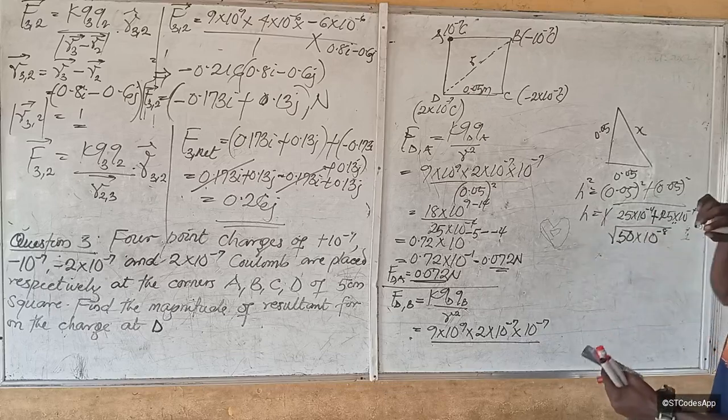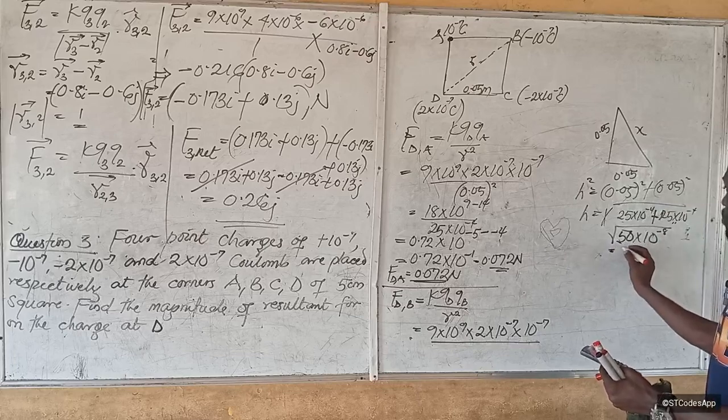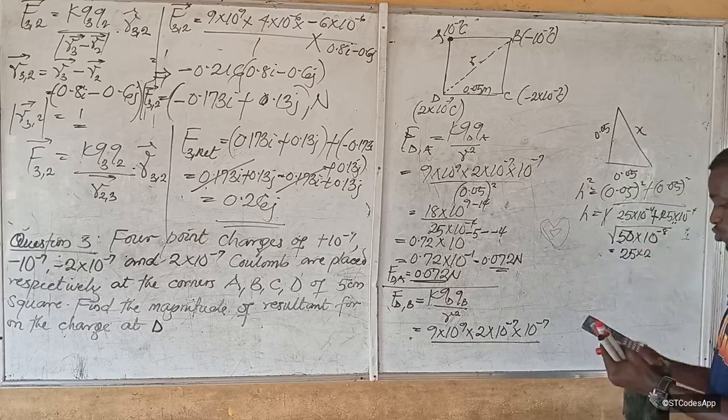So the square root of this. The square root of 50 will be the square root of 25 times 2, which is 5 root 2.